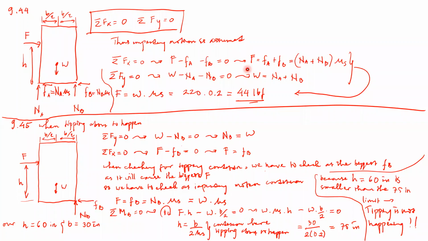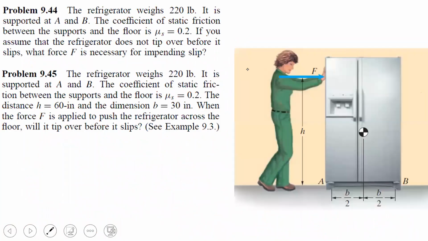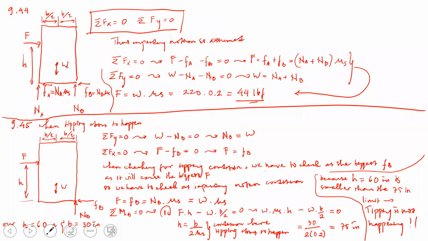But you have to know that the one in question here is just the force F. It is not required for us to solve for Na and Nb. The one in question is only force F to create impending motion. That's why we don't have to solve for Na and Nb.